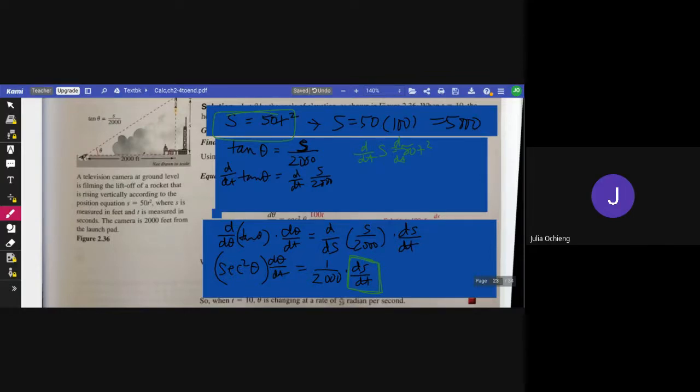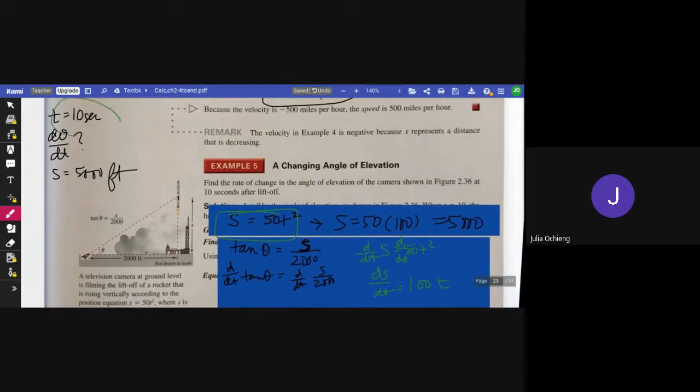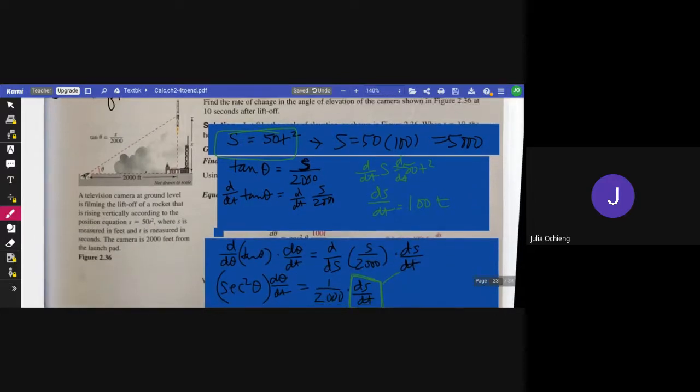We're just going to do dS over dt equals, no chain rule needed. So I can replace this with 100t. And we even know what t is because they told us that t was 10 seconds. I have that written down. So let's go ahead and plug that in right now.